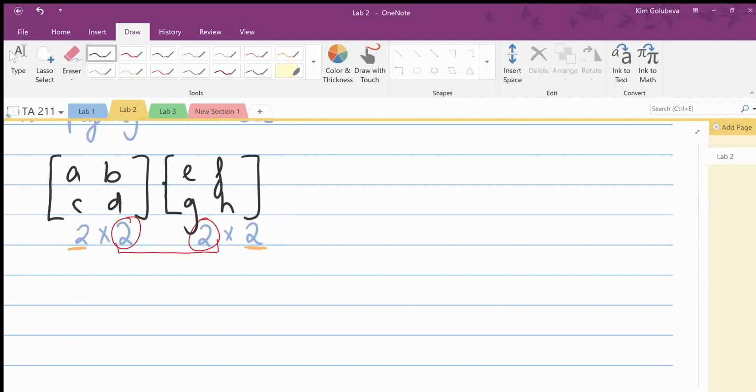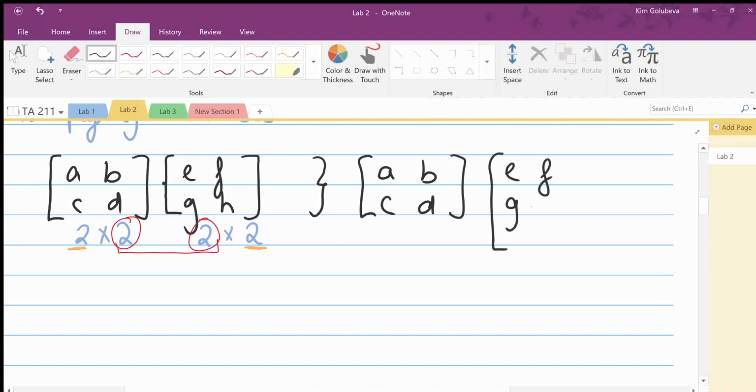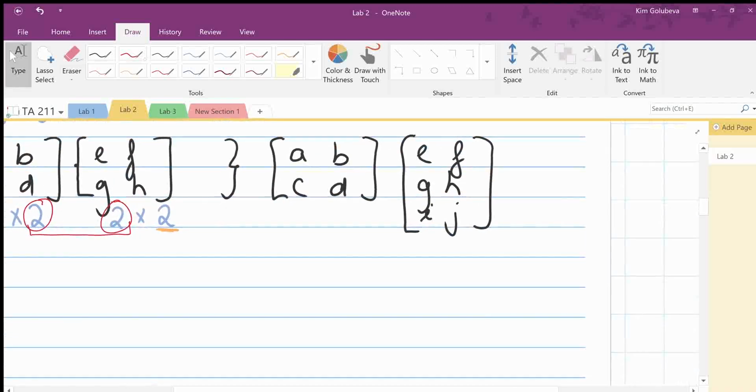However, let's say we have A, B, C, D, and E, F, G, H, I, J, so we have something like this. All we have to do is check our dimensions. This one is a 2 by 2, and this one is a 3 by 2.